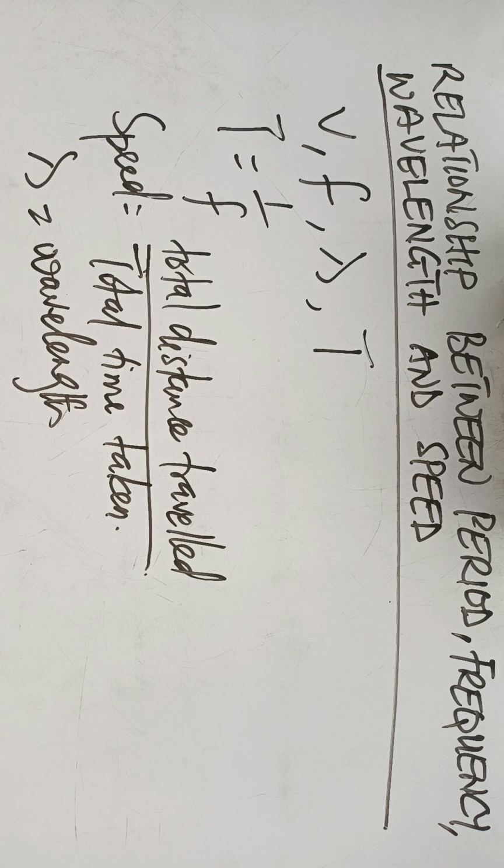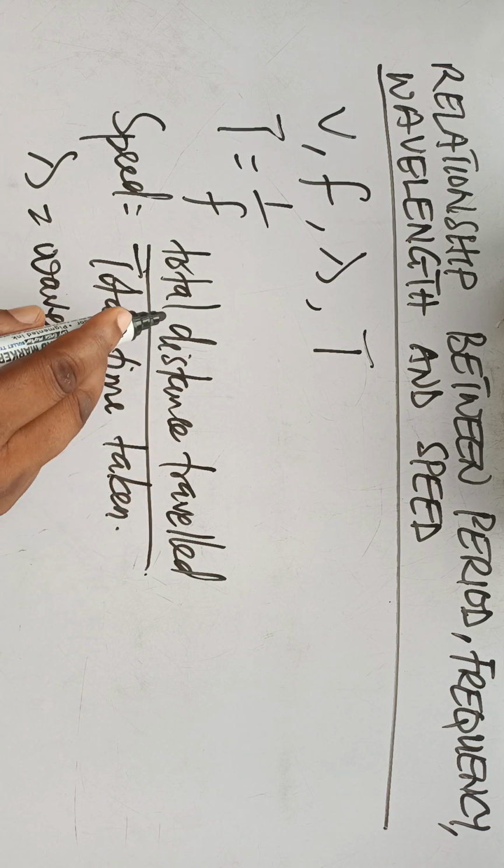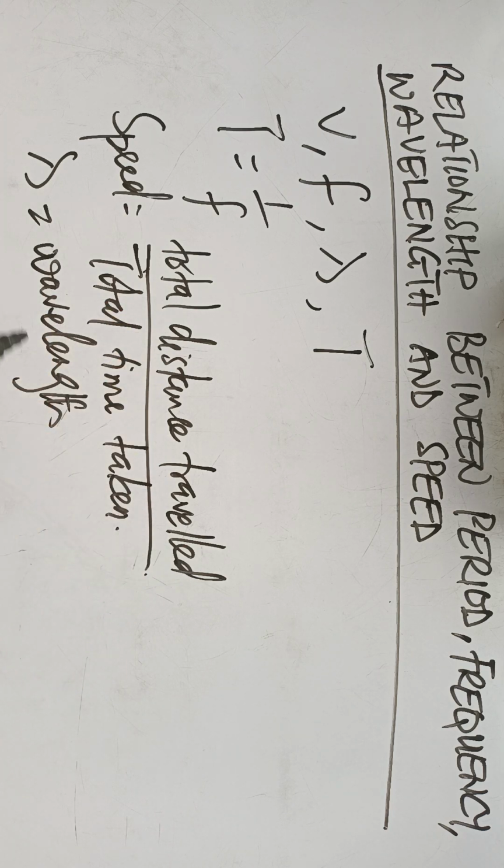So the relation is simply that since speed is equal to total distance traveled over time, and our total distance traveled in this case represents our wavelength, what we are actually saying is that speed is equal to wavelength over our time.